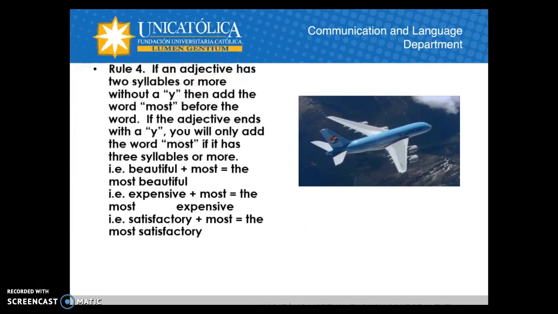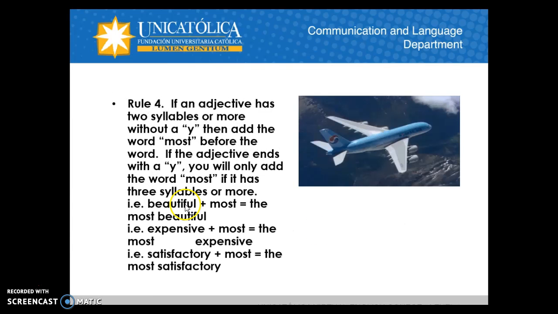Good. Now look, rule number 4. If an adjective has 2 syllables or more without a Y, then add the word most. No more, most. Superlative, most. Comparative, more. Before the word.